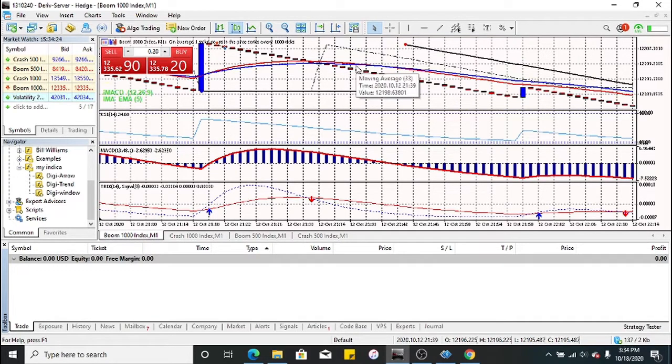In my previous video I showed you that under normal circumstances I wouldn't buy from here without any spike. When the two moving averages cross and the MACD crosses without a spike, I don't normally enter this trade.